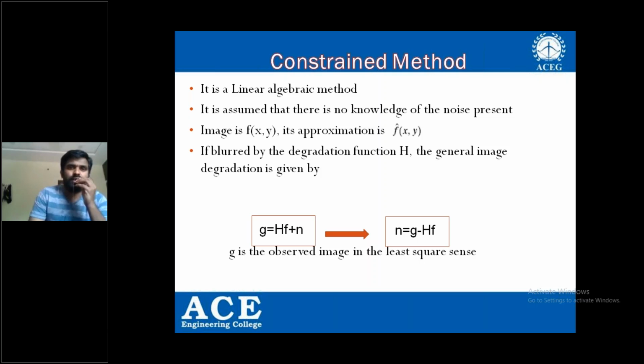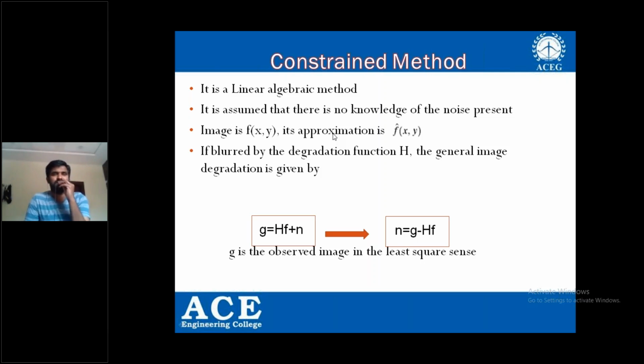So therefore, the other method we have is the constrained method. So what is the constrained method? It is a linear algebraic method. Here we apply some mathematical calculations.